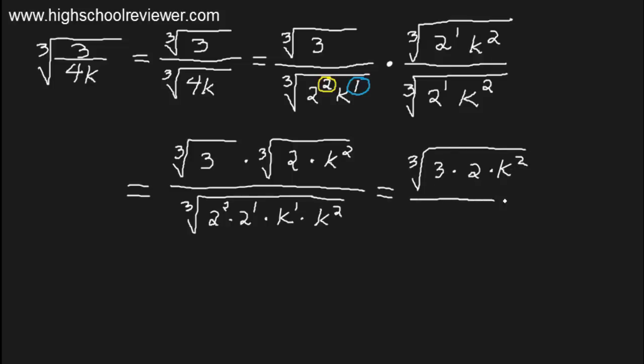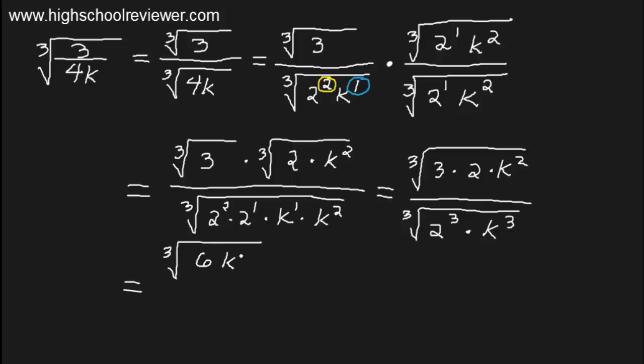All over the cube root. Copy the base, which is 2, and then add the exponents. So 2 plus 1, that is 3, multiplied by, again, copy the base, k, add the exponents, 1 plus 2, that is 3. So we have the cube root of 3 times 2, that is 6, and k raised to 2.